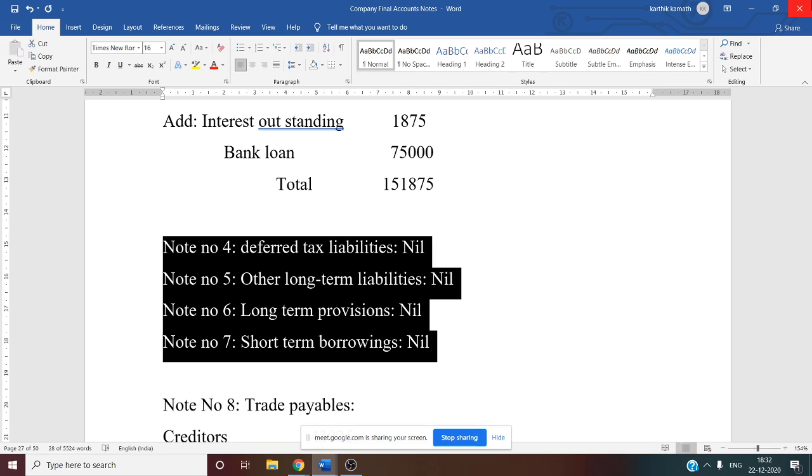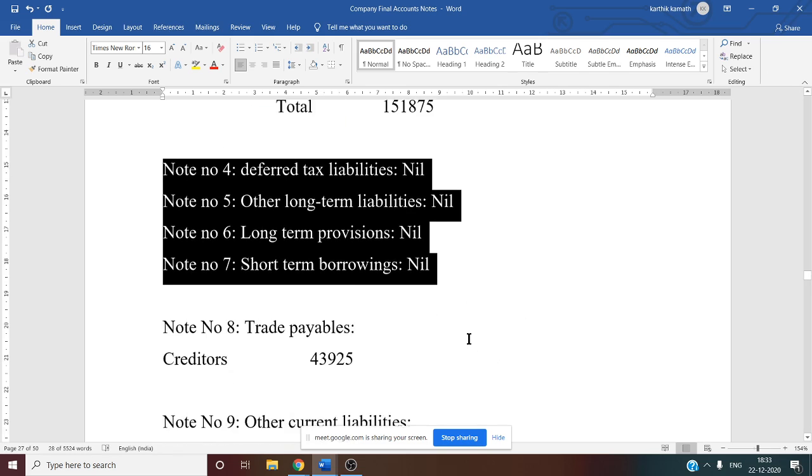Deferred tax liability: tax profit is not given, so nil. Other long-term liability: specified information not there, nil. Long-term provision: provision for more than 1 year not given, nil. Short-term borrowing: we have taken the bank loan as long-term borrowing, so here no other information, nil. So note numbers 4 to 7 are nil, no value at all.